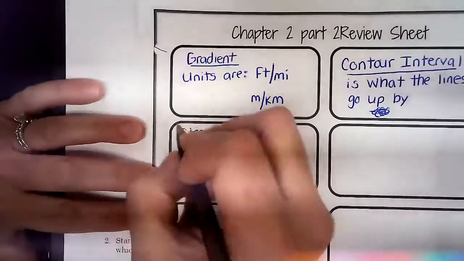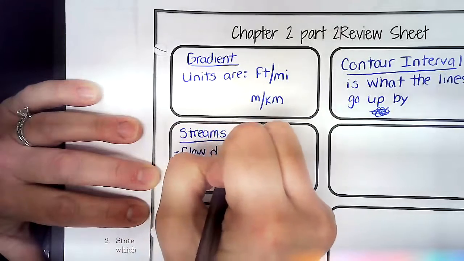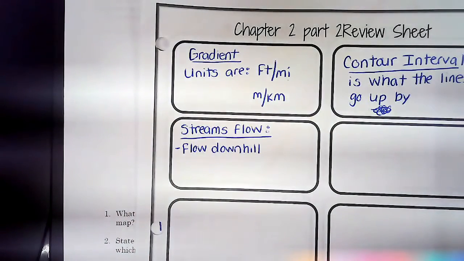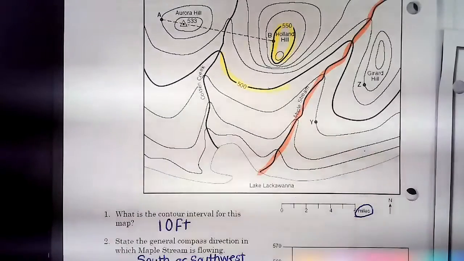Okay, so streams flow downhill. That's the first thing, but how would you put that in words? If the Regents literally said, how do you know Maple Stream flows down to the southwest? How can you tell that downhill from the map is this way or is southwest?